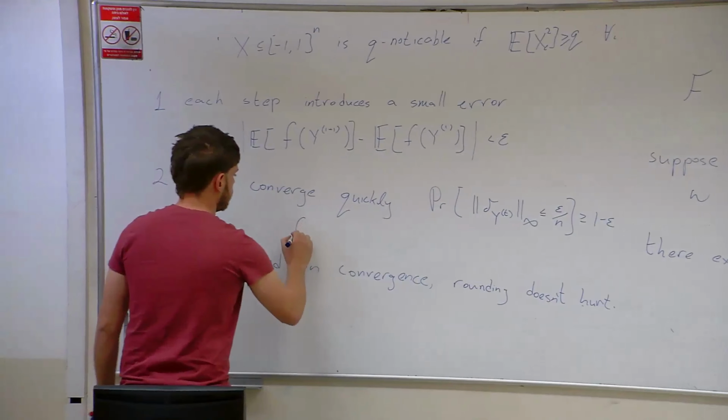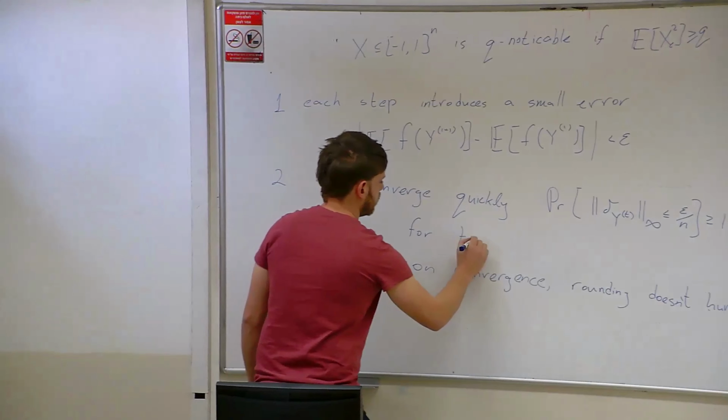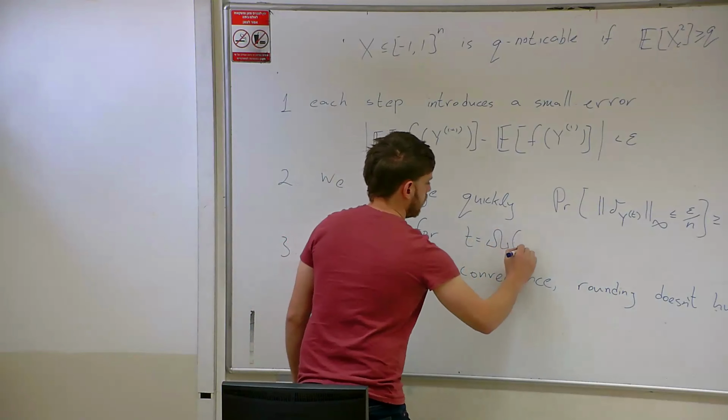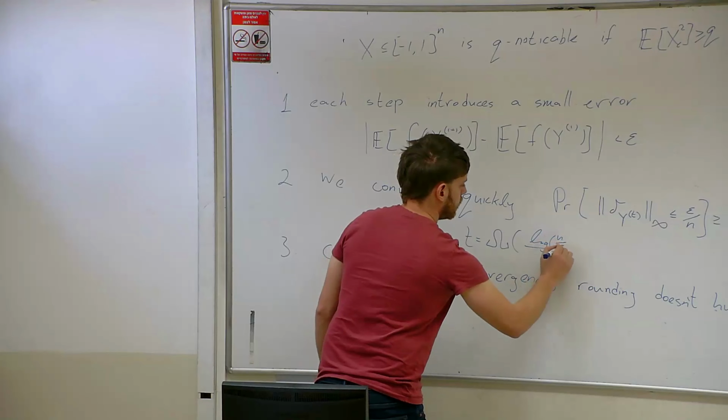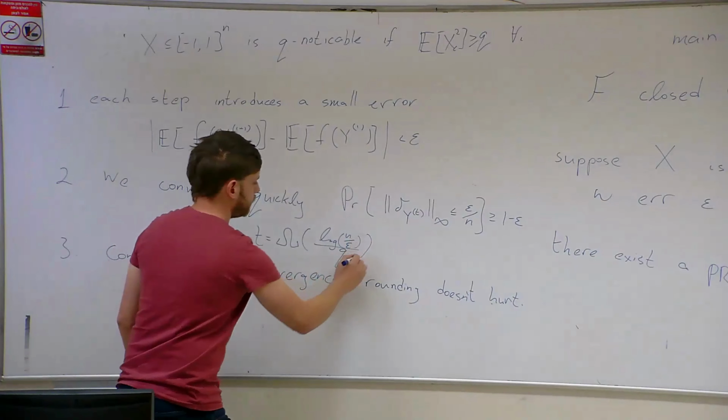And for this, we need t equals omega of log n over epsilon over q.